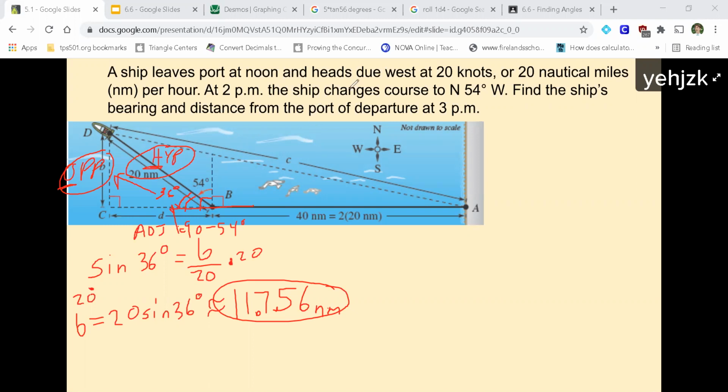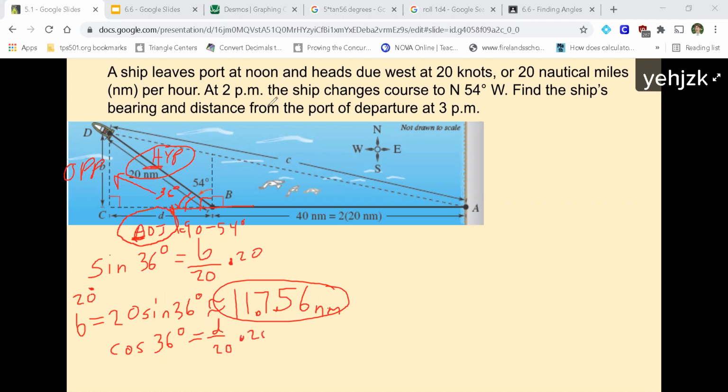To find D, similar idea. We're trying to find the adjacent side given the hypotenuse. And adjacent and hypotenuse are related by cosine. So we can write the cosine of 36 degrees is D over 20.